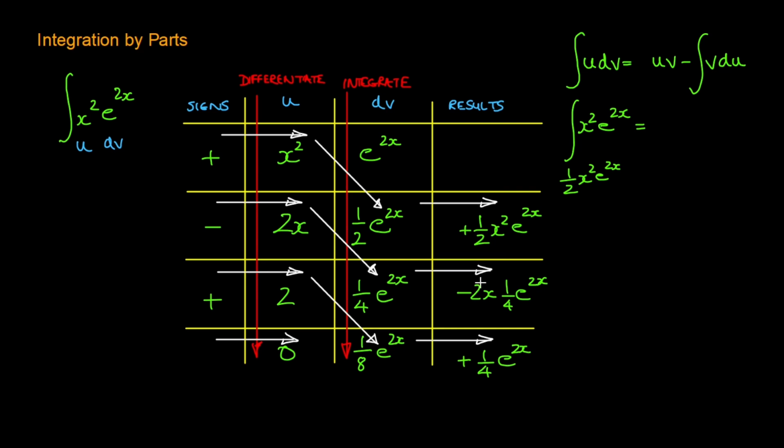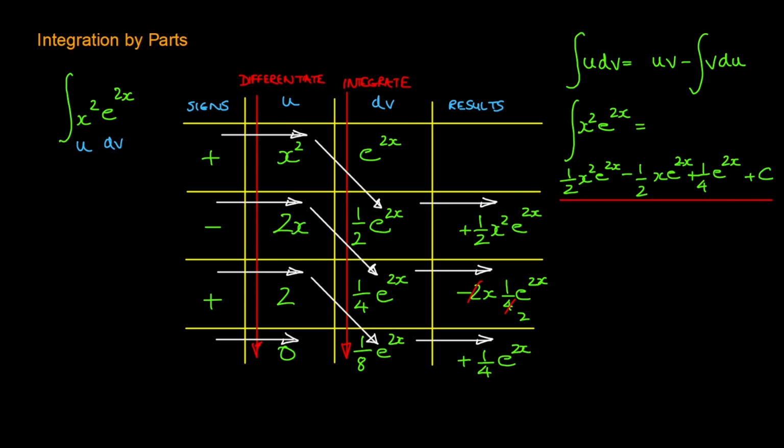No. The 2 can go into the 4, leaving 2. So this is minus a half x e to the 2x. And the last term now, plus a quarter e to the 2x, plus c if we have no limits in this case, and that is your answer.